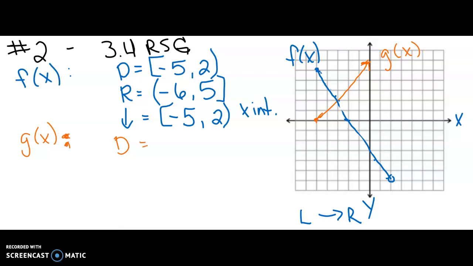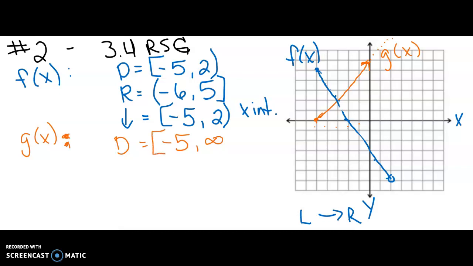So the smallest x value is going to be -5. And the biggest x value that's ever used, if I make my pancake, is going to be positive infinity, because this has an arrow on it, it keeps going forever in this direction. So eventually all x values will be used.